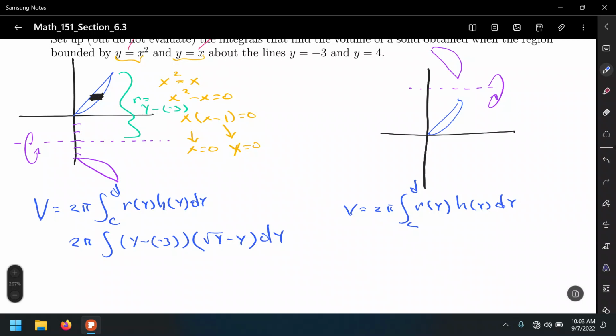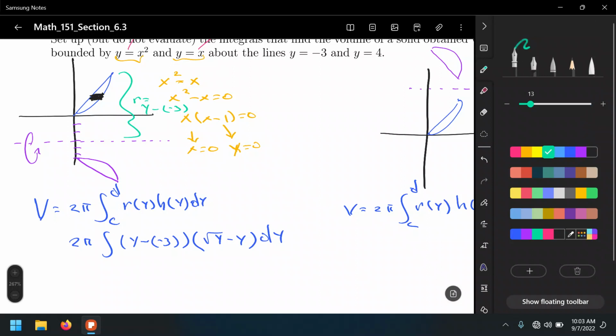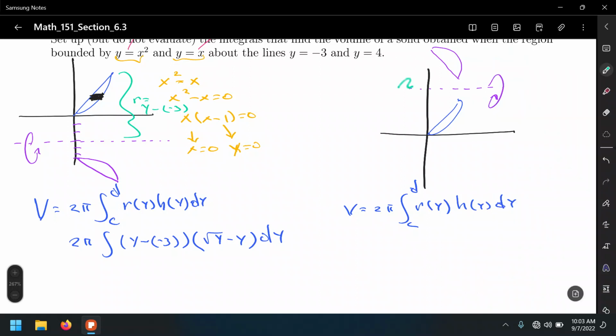All right, so r of y will be that distance from the axis of rotation, which in this case is the top minus bottom. The top will be the axis of rotation, which happens to be 4, minus y, which is the number of units or the radius of the region.